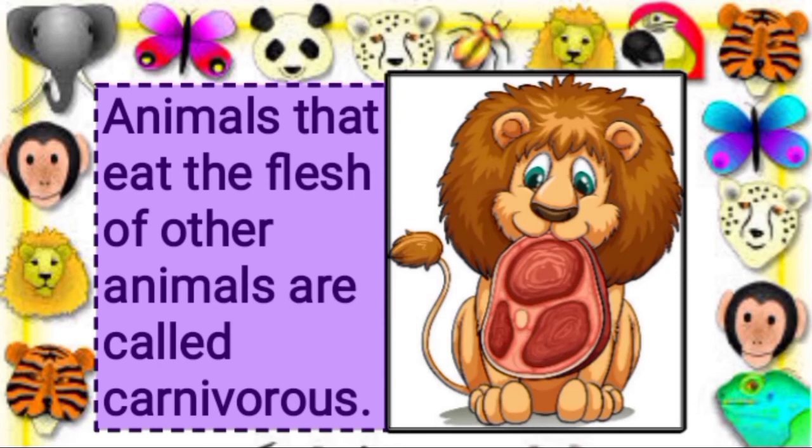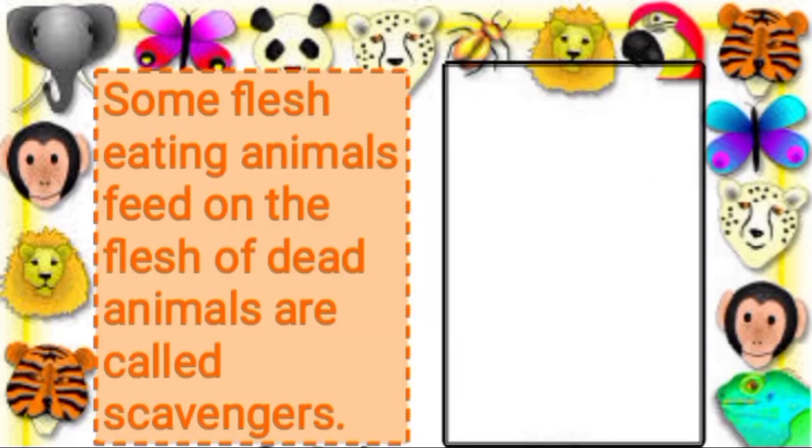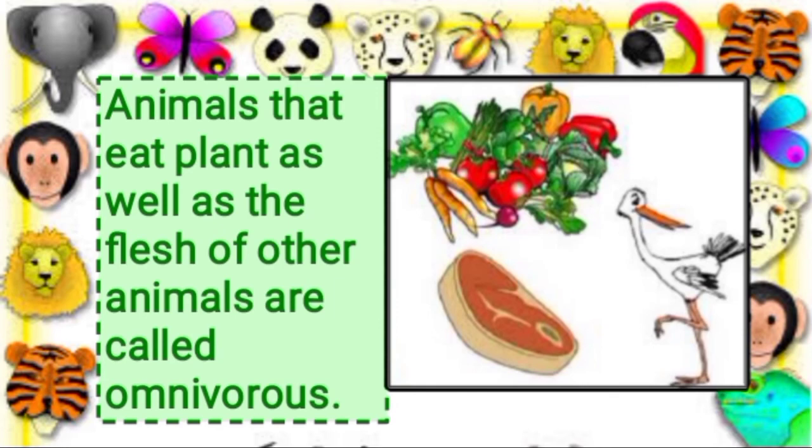Lion, tiger, snake and lizard are examples of carnivorous. Now let's understand about omnivorous, which is the third type of group. These are animals that eat plants as well as the flesh of other animals. Human beings are also omnivorous.